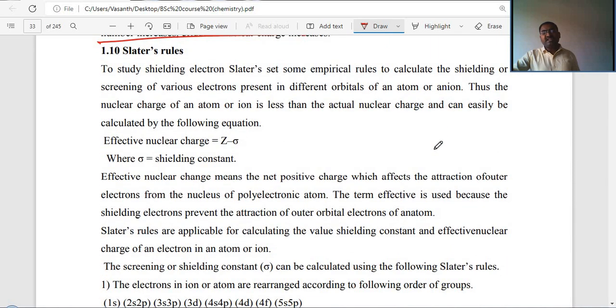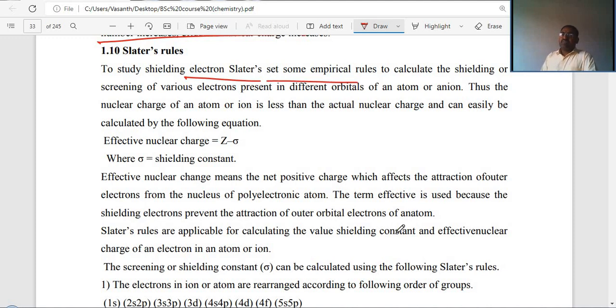Next concept, Slater's rules. Slater's rules are used to study the shielding of electrons. They are empirical rules to calculate the shielding or screening of various electrons present in different orbitals of an atom or ion.